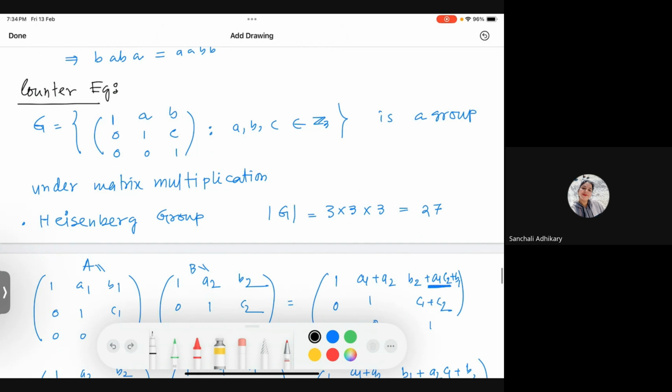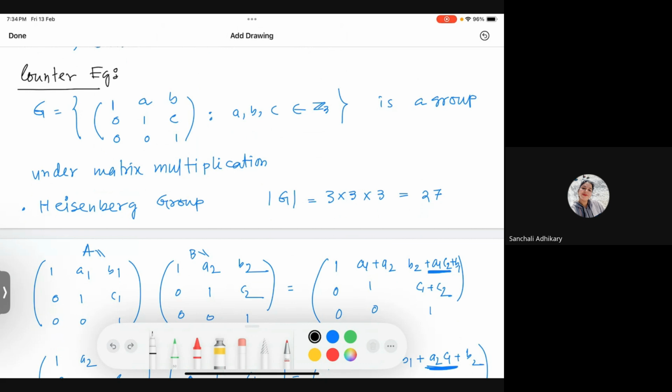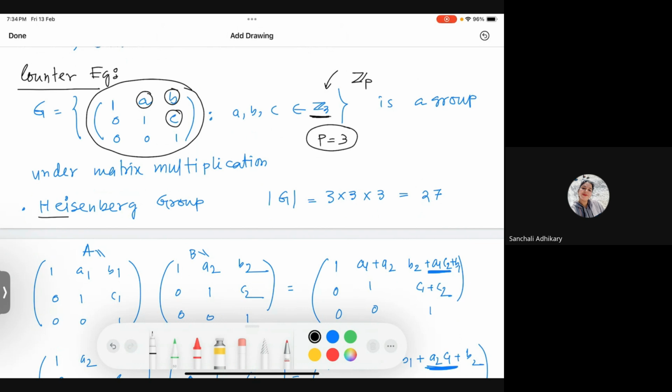See, in this group, this kind of matrices belong, where a, b, c belong to Z_3. You can take any Z_p here, but if p is equal to 3, then the group is called the Heisenberg group. But you can take any p.